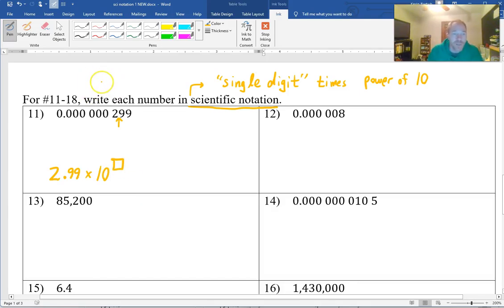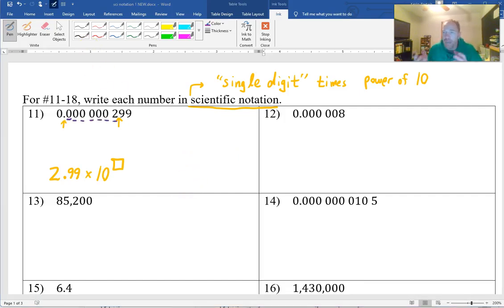So 2.99. In my opinion, that's the easy part. You can agree or disagree, but it can't be a 0, and it can't be like 29.9 because that's too big. Can't be 299. Can't be like 0.299 because that's too small, since then your first digit is a 0. So it's got to be 2.99. But now to figure out the exponent.